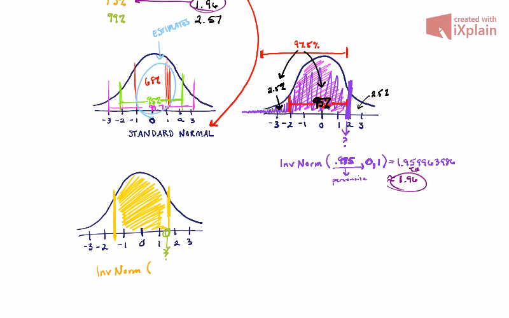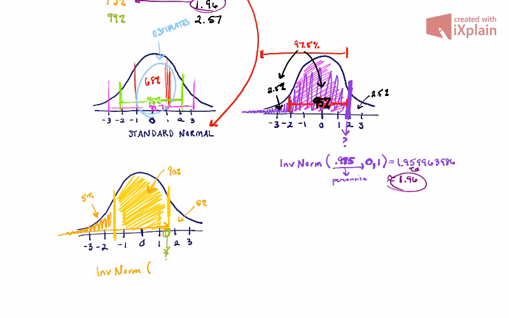So if we know that this shaded area here is our 90% confidence area, or our range, we still need to take into account this shaded area when working with the inverse norm function in the calculator. So if this center is 90%, this piece must be 5%, and this piece must be 5%. Again, if we add up all 3 pieces, we get the 100% probability underneath the curve.